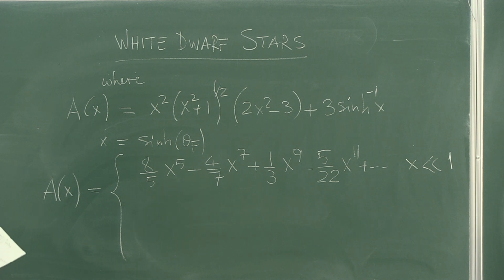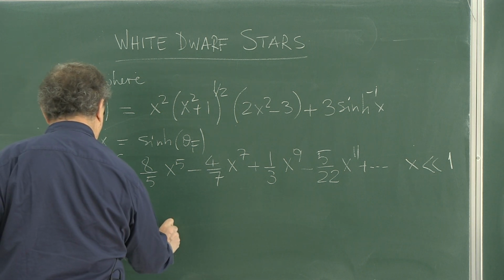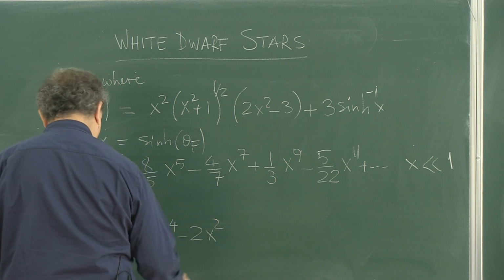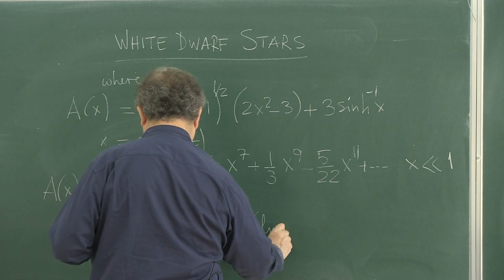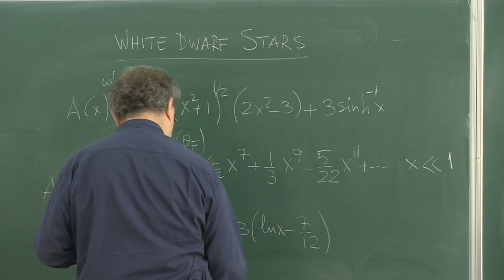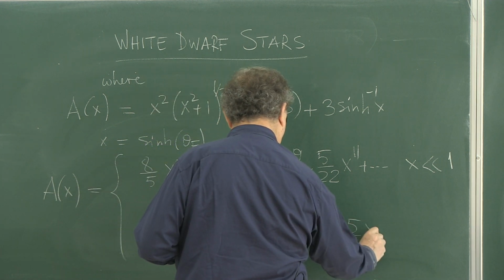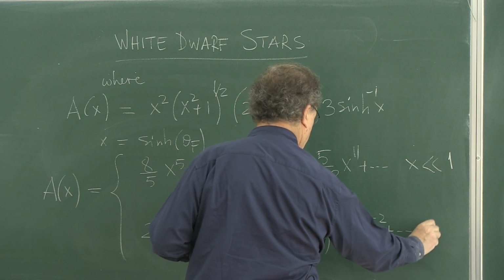Of course, for large x, it must be something different: 2x to the 4 minus 2x squared plus 3 ln x minus 7/12, plus 5/4 x to the minus 2, etc., for large x.